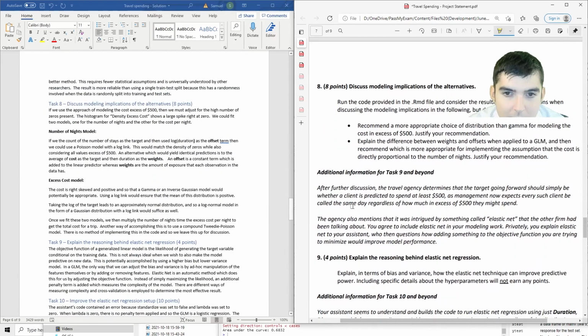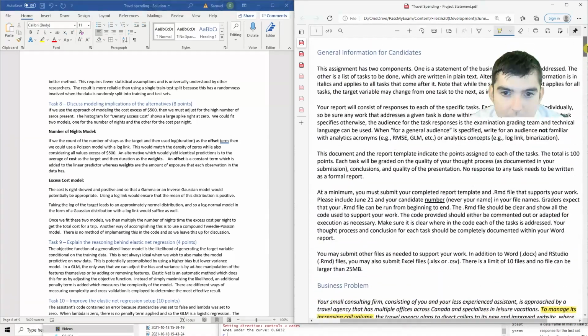And task 8, so we're using technical language, I think. See, it says here, unless a task specifies the audience, the audience for the task responses is the exam grading team and technical language can be used.